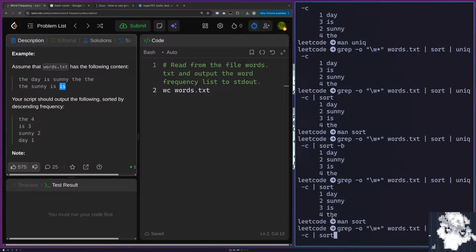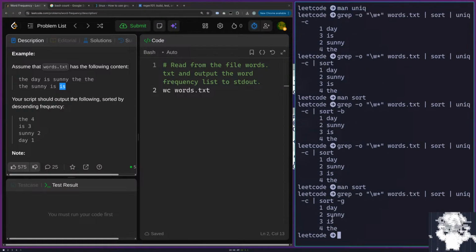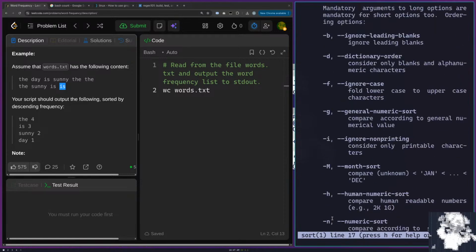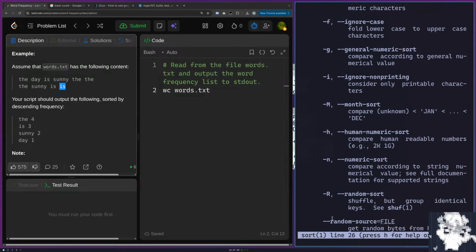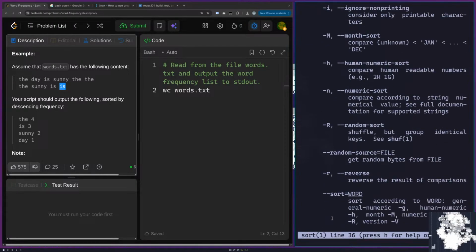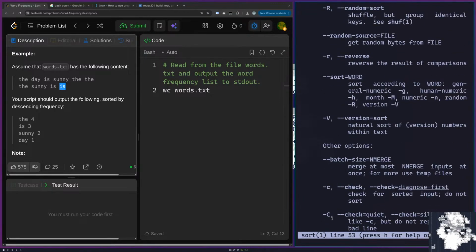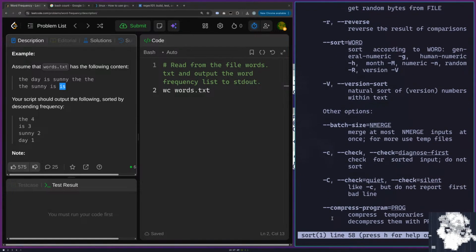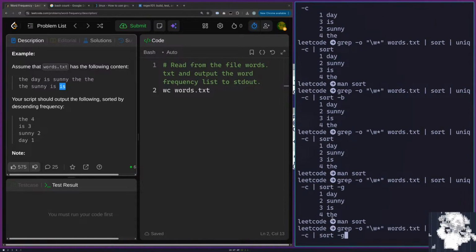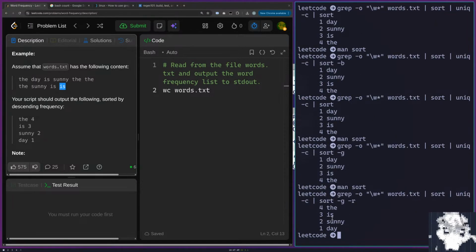So I do want -G. And -R for reverse. Okay, we're really close.